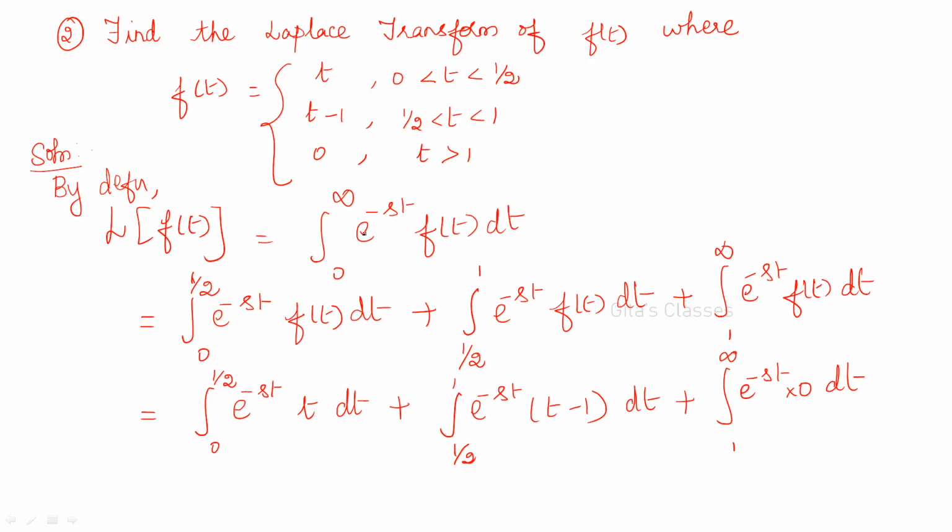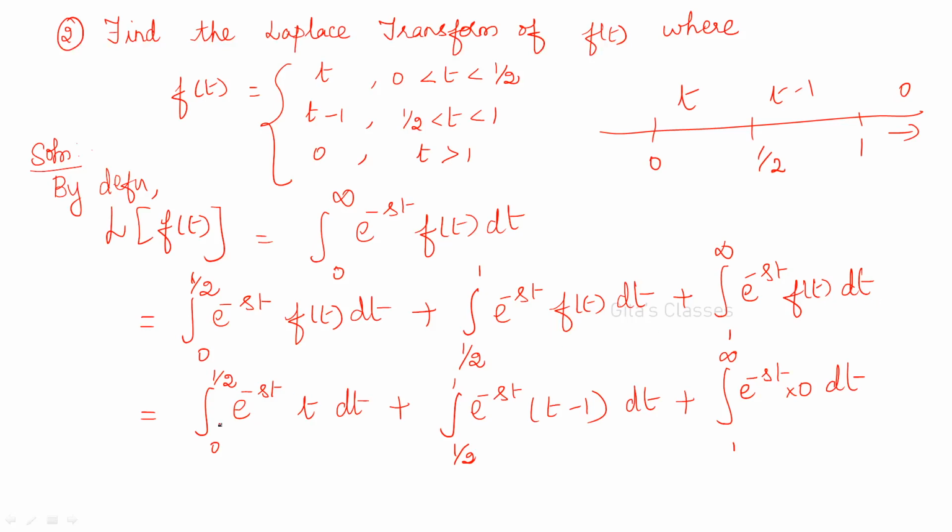L of f of t, by definition, is the integral from 0 to infinity of e power minus st f of t dt. But the function is defined from 0 to 1 by 2 as t, from 1 by 2 to 1 as t minus 1, and from 1 to infinity it is defined as 0. So split the integral into 3: 0 to 1 by 2, 1 by 2 to 1, and 1 to infinity.